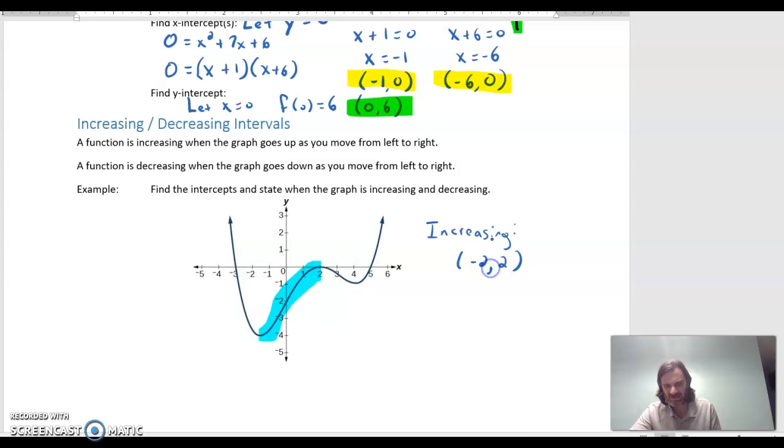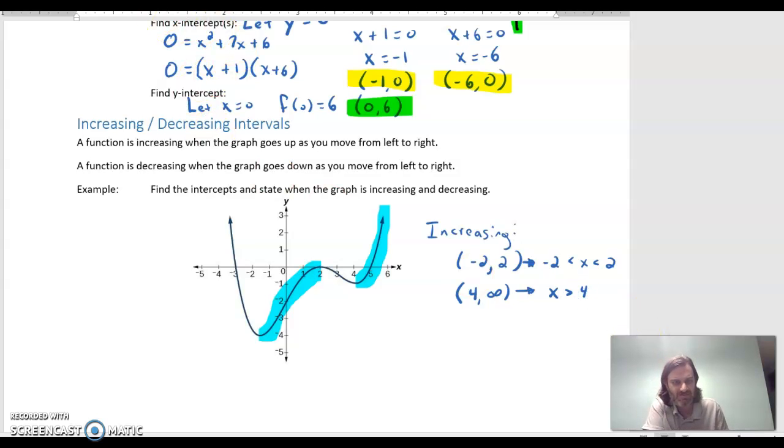Just in case you're getting confused with a point up there, keep in mind that this is the same thing as -2 is less than x is less than 2. So that's an interval, not a point. The notation looks the same, but in the context it means something completely different. But it's also increasing over here. It looks like it's starting around 4 and going on forever. So we can also say we have an increasing interval from 4 to infinity, or you could write it as x is greater than 4. You don't need both notations.